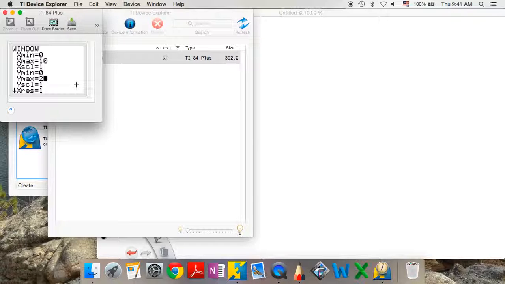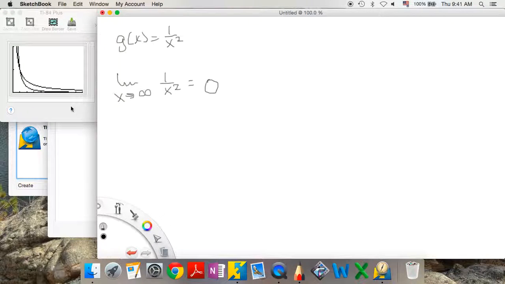That's 1 over x is the first one, and then 1 over x squared. So this coming here is 1 over x, and this here is 1 over x squared. Okay, obviously it's going to get small faster because when you square something, 1 over that's going to get smaller and smaller.